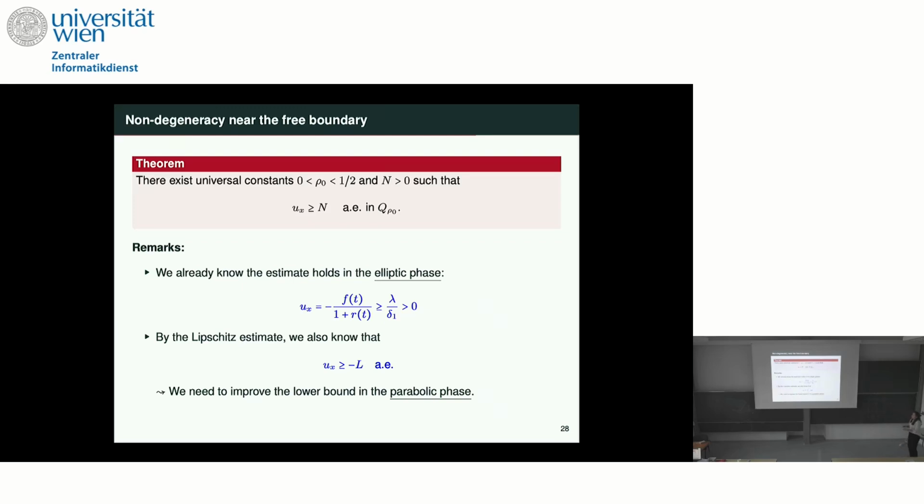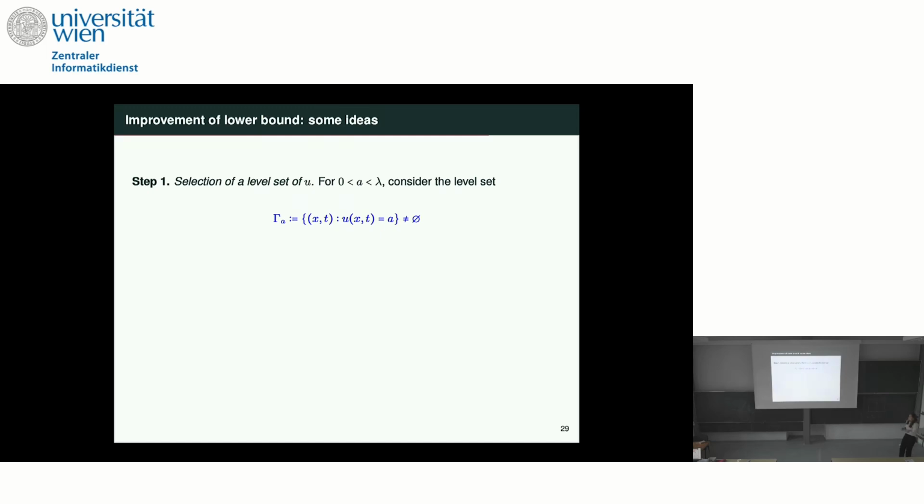Now we cannot use the Hopf lemma because we don't have enough regularity here. Okay, we don't know how the 0 level set is, but we can look at other level sets of caloric functions that are close to the zero level set. Okay, so this is the idea, because we know a lot about level sets of caloric functions.